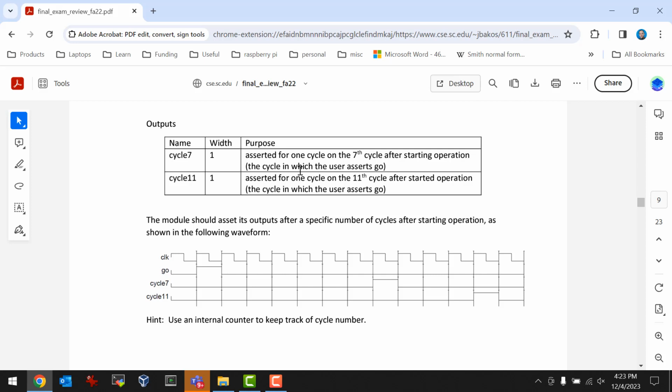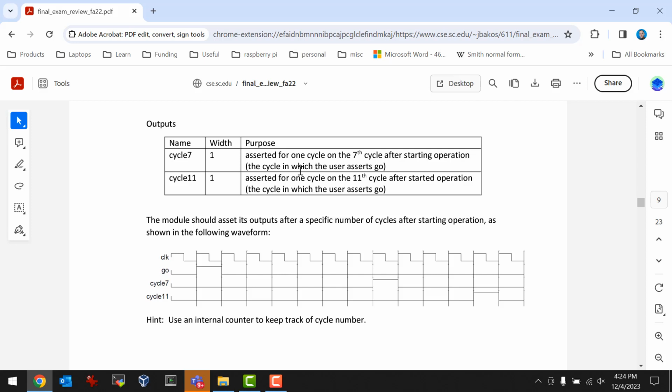So how would you build something like this? Well, this is pretty easy. You would just have to create a counter, right? So the counter would get initialized, and you'd start the counter with the go. So you'd have to have an internal register that would keep track of whether the thing is counting or not. You'd have something that you call like running, and you would initialize running to be 0.